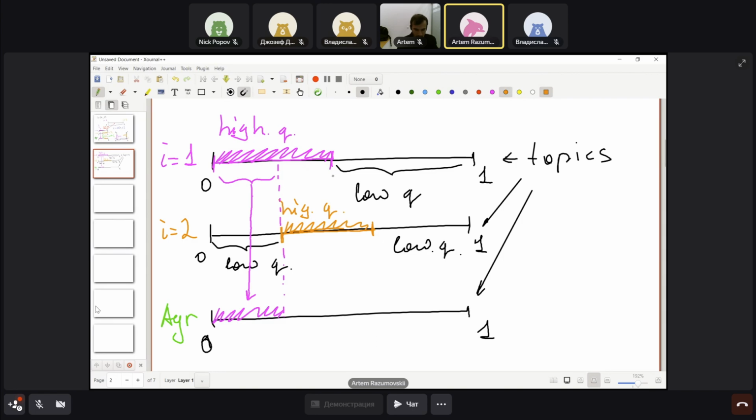So then we will have the same, right, for this interval. Yes, and for the second agency, right? And what about the rest of the topics? Once again, what will we have?